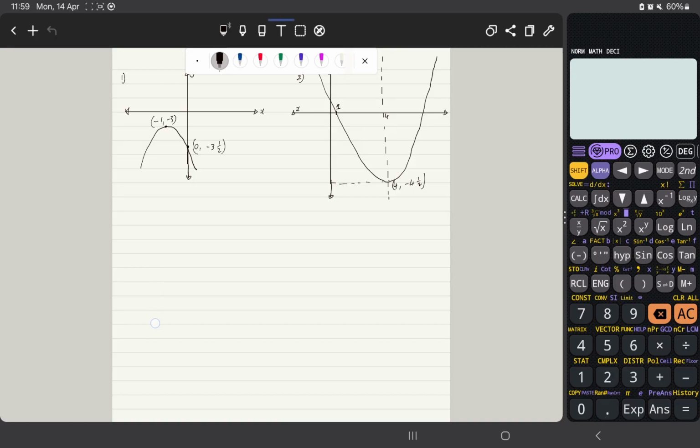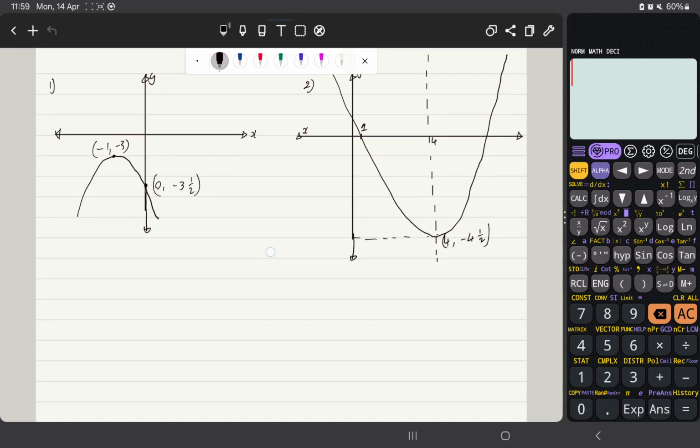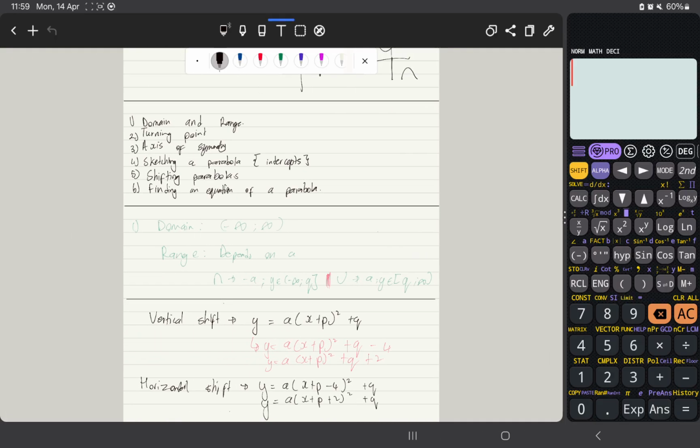And with this other parabola we have our x-intercepts. We have both of the x-intercepts, but of course the other one is not shown, but it's there. And we also have our turning point there as an extra point. So these are the things we're gonna start with.